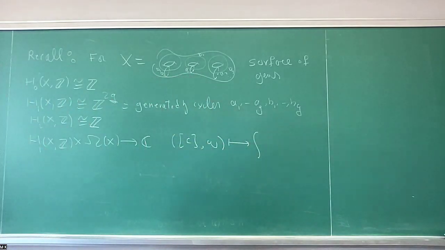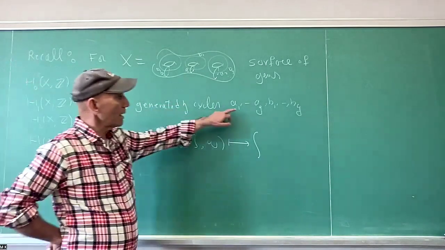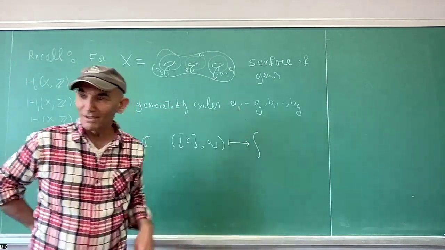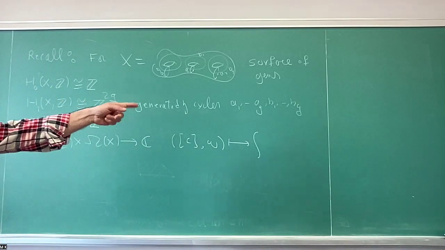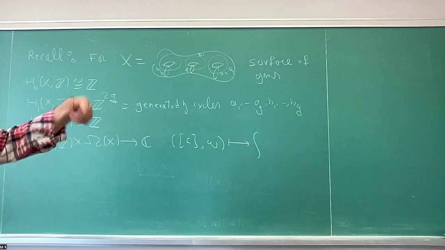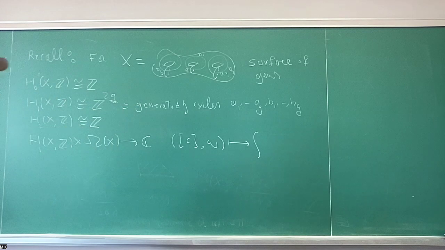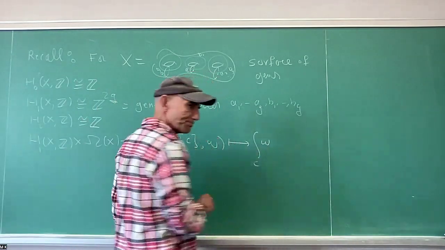What are the generators of H1 of X, Z? These are generated by cycles A1, ..., AG and B1, ..., BG. There are 2G cycles which generate, because you need cycles to generate; they have to be in the kernel of the boundary map.